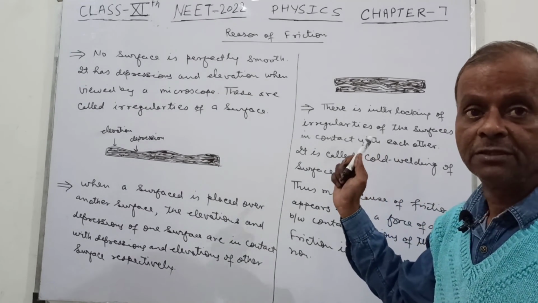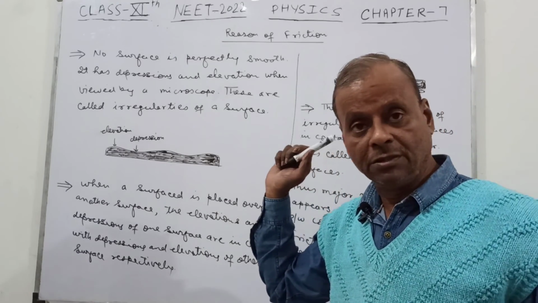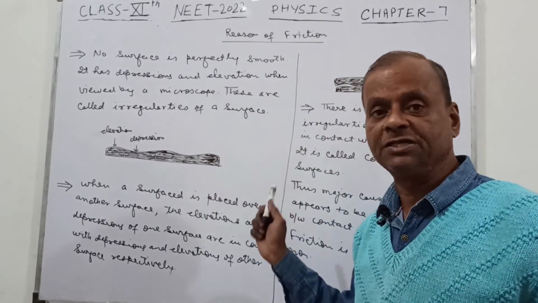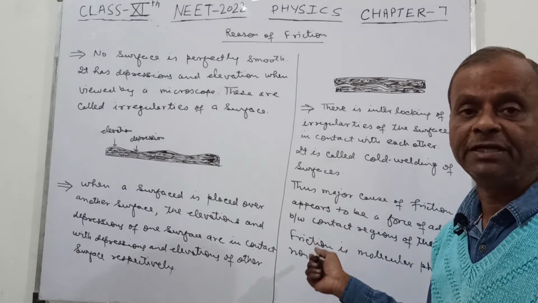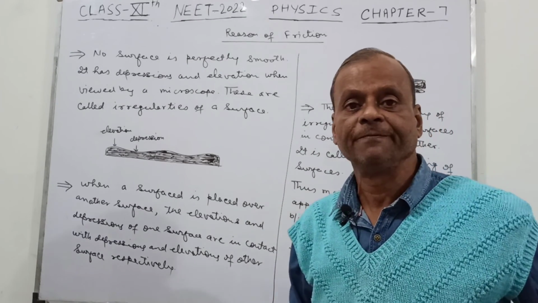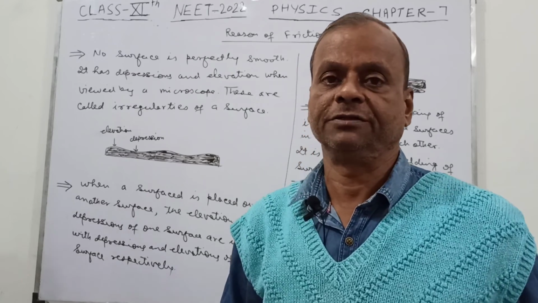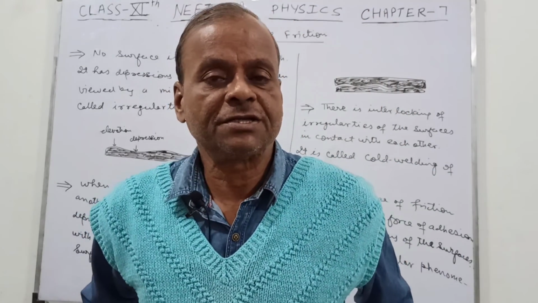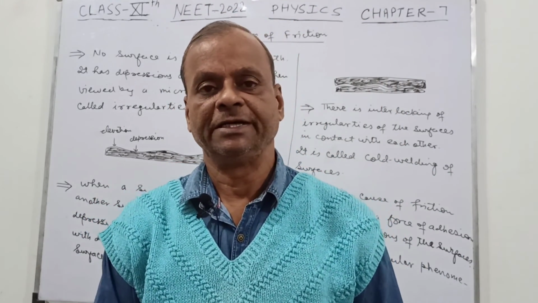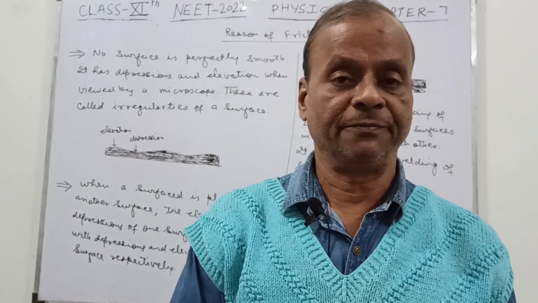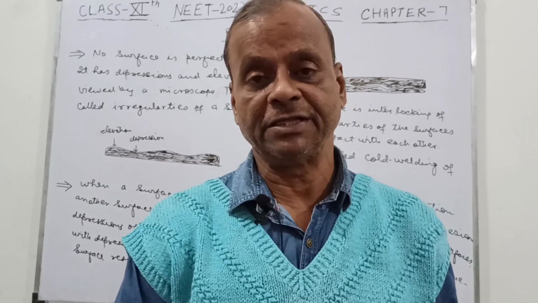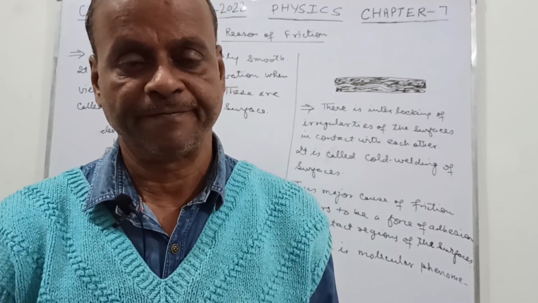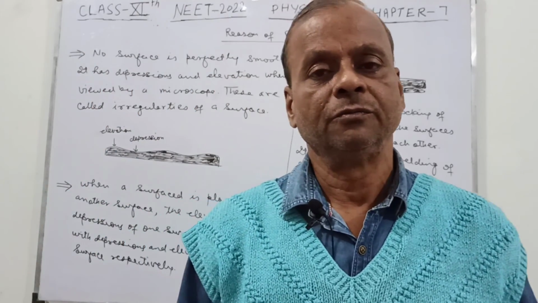Whenever we have to overcome this interlocking, we need a force that gives the force of friction. So a major part of this friction is because of the force of adhesion between the surfaces. So thank you very much.